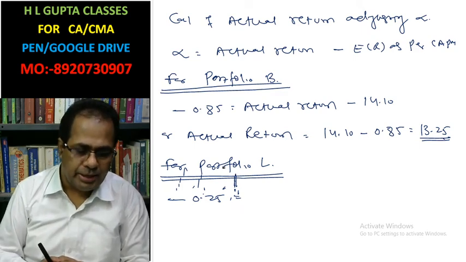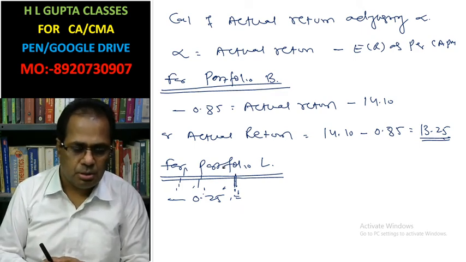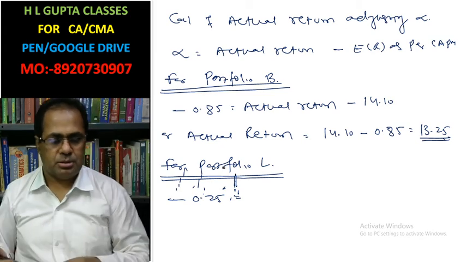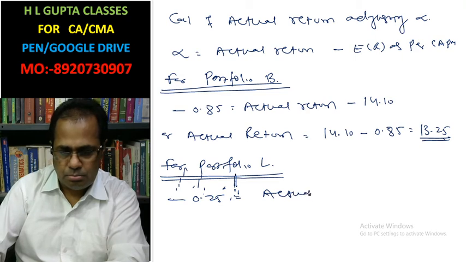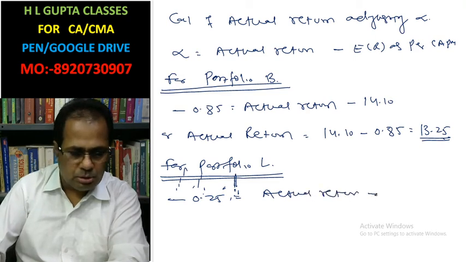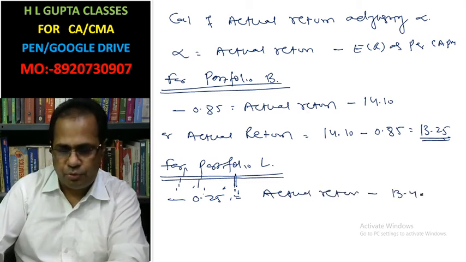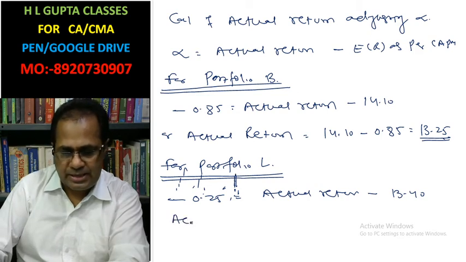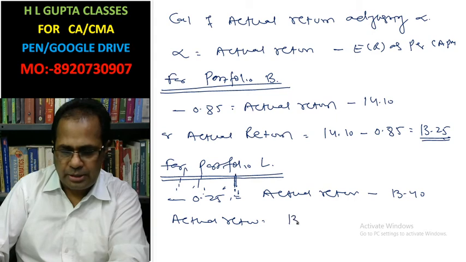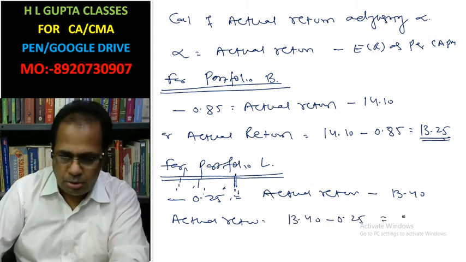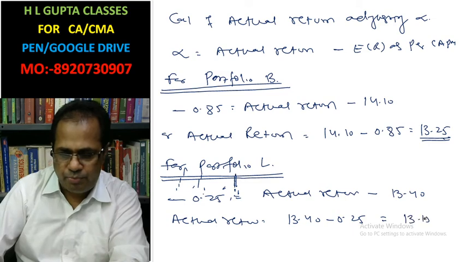Actual return is 13.40 minus 0.25, which is 13.15%.